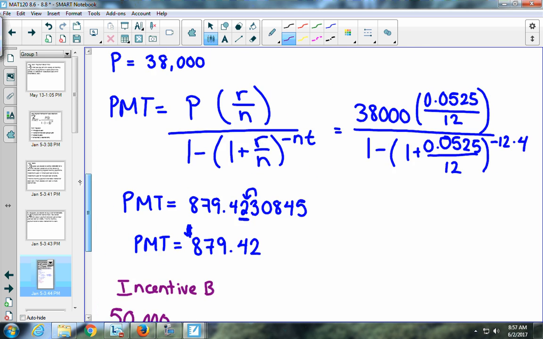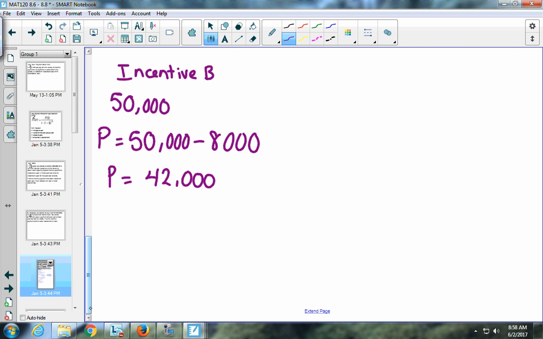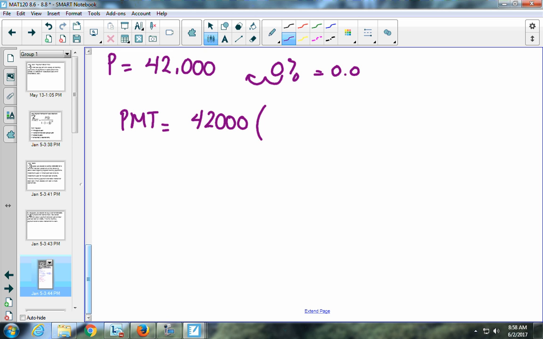The benefit of this one is that there's no interest. It's still over 4 years. So my T is still going to equal 4. If I try plugging everything into my payment formula, my principal is $42,000. If it's 0 interest, even if I bump that decimal point over 2 places, I still end up with 0.